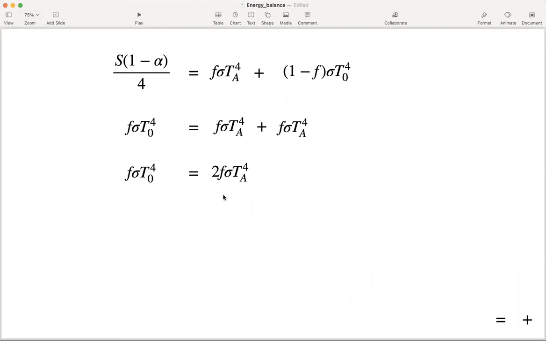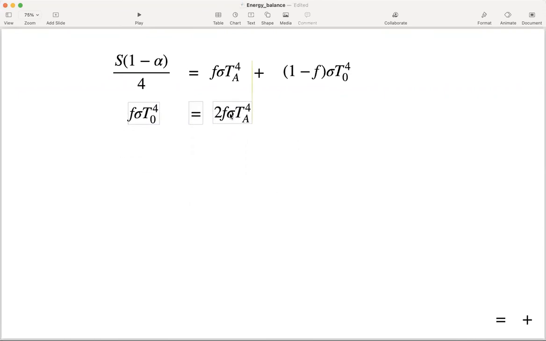So you have two of these, so you can just multiply by 2 and take away this, right? So this and this are equivalent. So let's get rid of that. So now that we have two equations, we can solve for T naught.